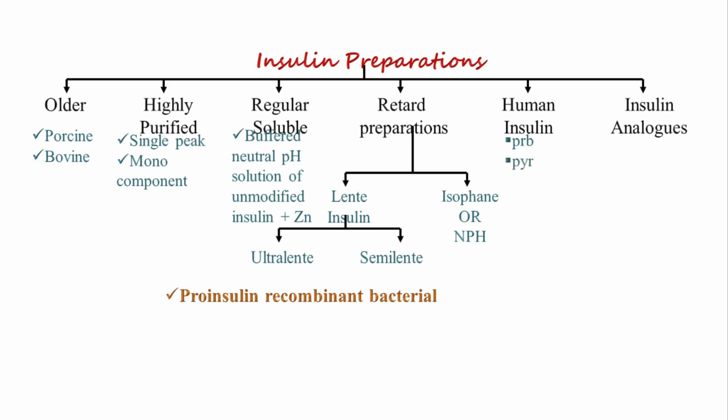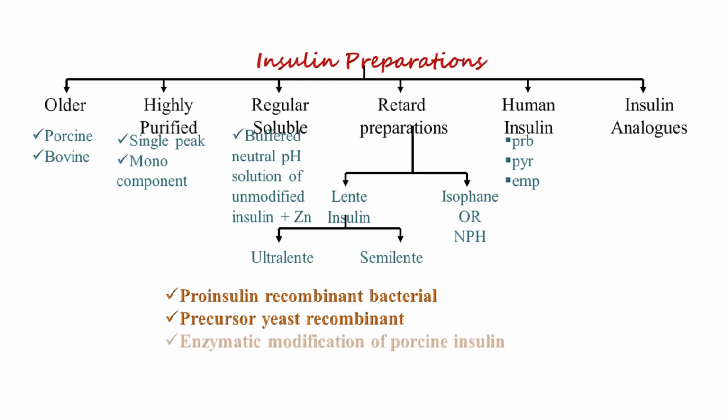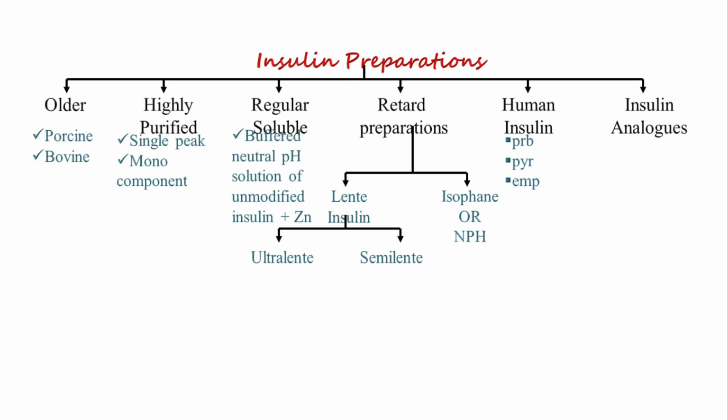A PYR, precursor yeast recombinant, where a fungus, a yeast, gives us insulin. And we made an enzyme thanks to genetic recombination technology, an enzyme that can take porcine insulin and modify it chemically, enzymatically, and make human insulin out of it. So this is enzymatic modification of porcine insulin, and this works brilliantly.